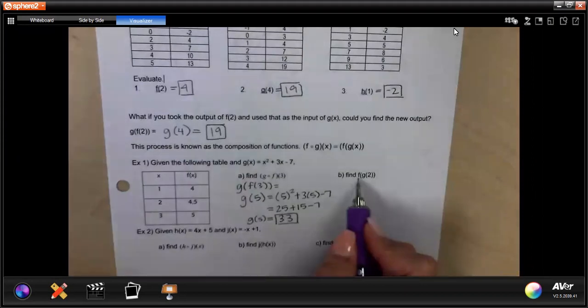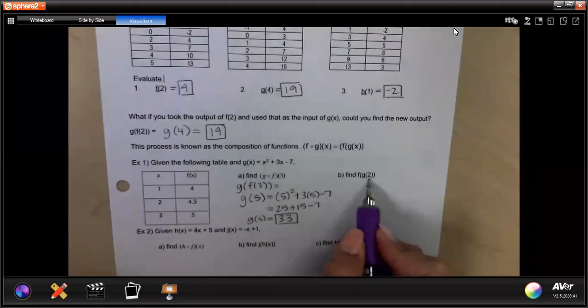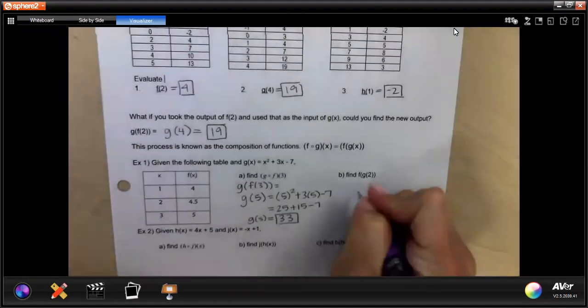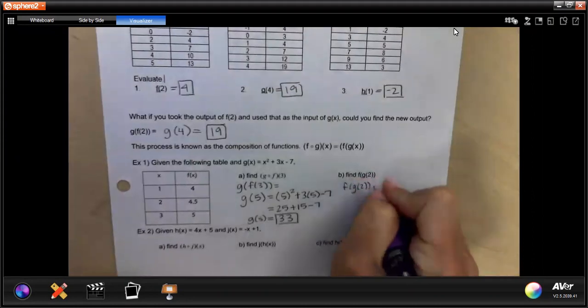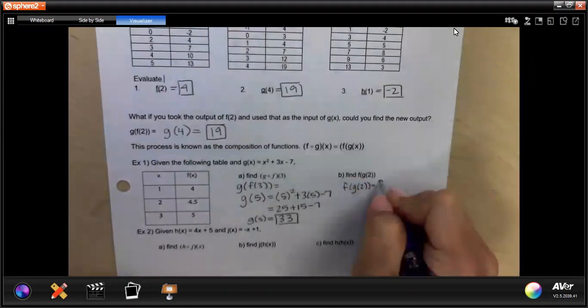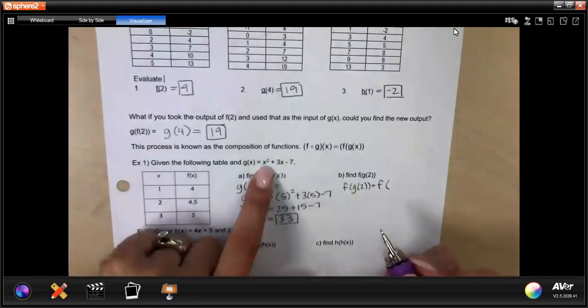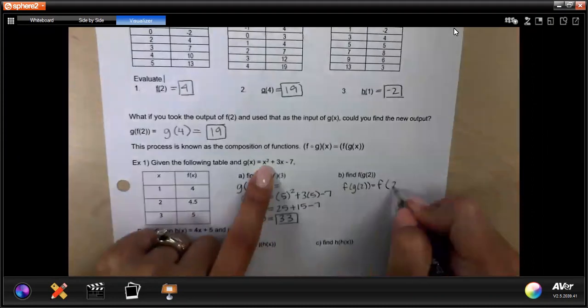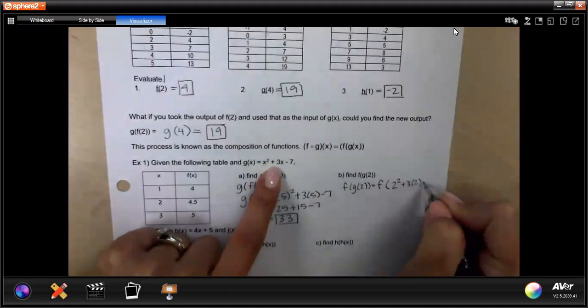It says find f of g of 2. So in this case, my g function is on the inside, and 2 is what I'm going to put into the x. So I'm going to replace the g of 2 by placing a 2 in the x values here. So I get 2 squared plus 3 times 2 minus 7.